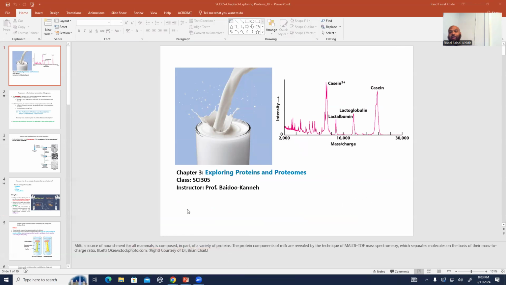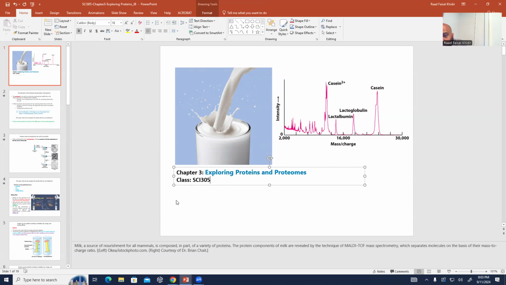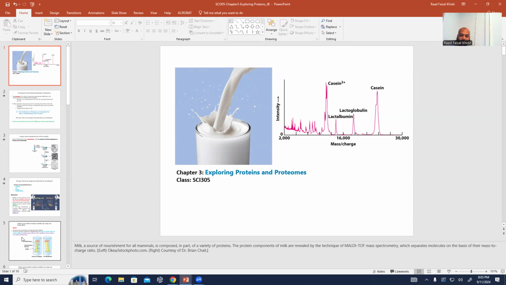Chapter 3. So now we're exploring proteins and proteomes. So milk is a source of nourishment for all mammals. It is composed in part of a variety of proteins.